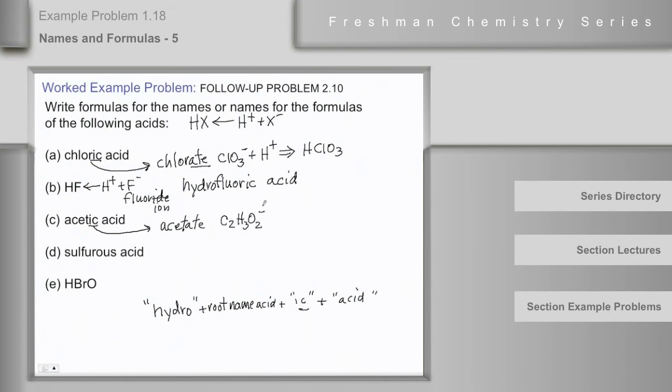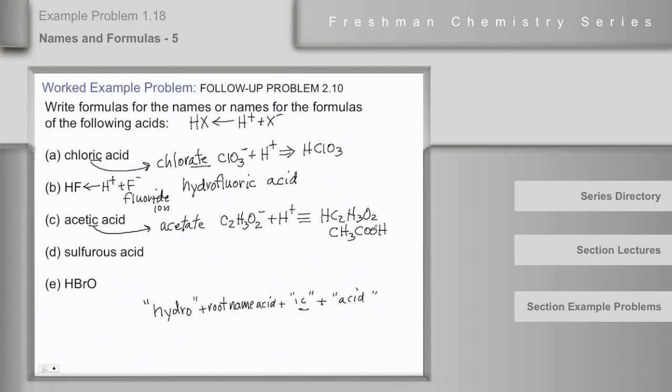It's one of the ions that we ask you to learn from the tables. So acetic acid can be thought to be made up of this anion plus the hydrogen ion. So this would be HC2H3O2, or if you wish, you can write it as CH3COOH. Same thing.